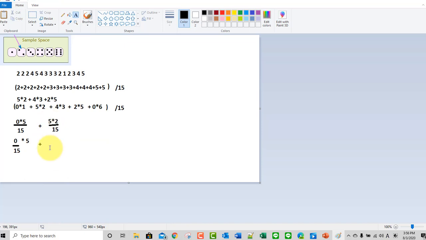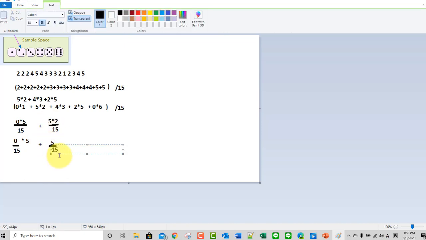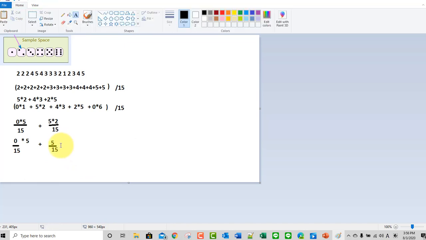You could take just the 5 divided by the 15, and then times the 2. And you could keep going. So it would be 0 divided by 15 times 1, 5 divided by 15 times 2, 4 divided by 15 times 3, 2 divided by 15 times 5, and 0 divided by 15 times 6. You could do that. I don't want to write all of that out, but you could do that.